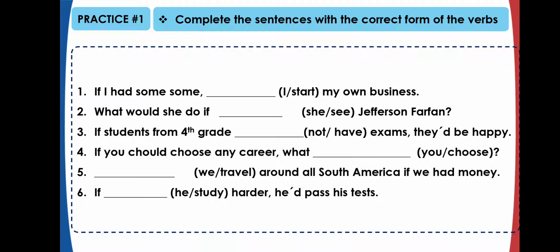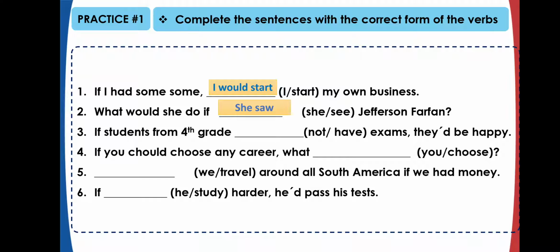so let's move on to this practice number 1, where it says complete the sentences with the correct form of the verbs. If I had some money, I would start my own business. Okay? Here I'm using the comma because I'm starting with the conditional. Okay? Number 2, what would she do if she saw Jefferson Farfán? Okay?